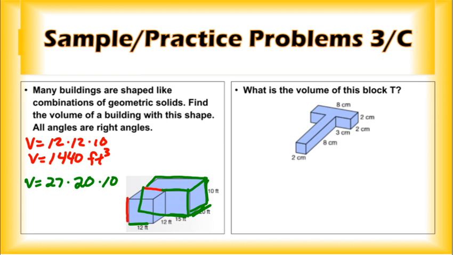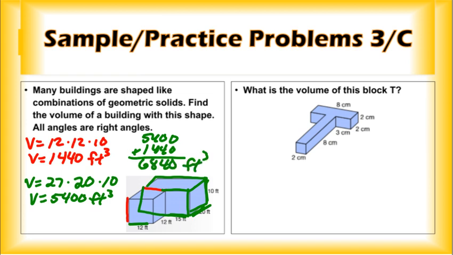So 20 times 10 is 200, times 27, we would have a volume of 5,400 cubic feet. And then I would just take my two answers and add them together. So 5,400 plus 1,440 would give us 6,840 cubic feet.